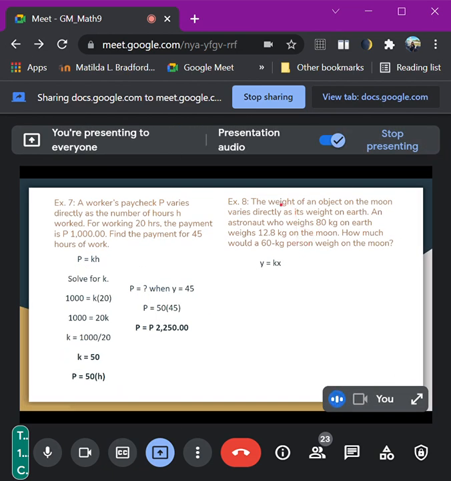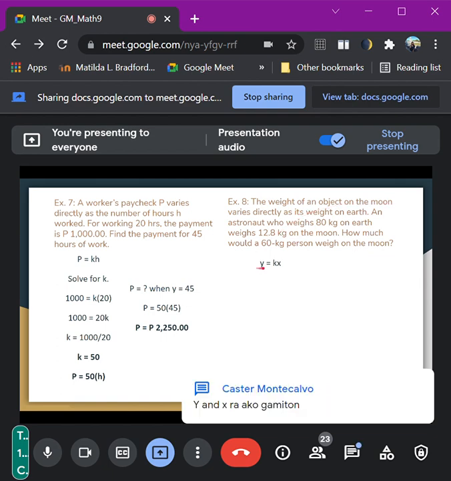Or you can use the first letter, pero wala ko nag-use og W diri because weight sa object sa moon og sa weight man sa Earth. So, manang wala kay same raman sila WW. So, nag-use na lang ko sa original nga Y is equals to K times X. So, that is the weight of an object on the moon varies directly as the weight on Earth.